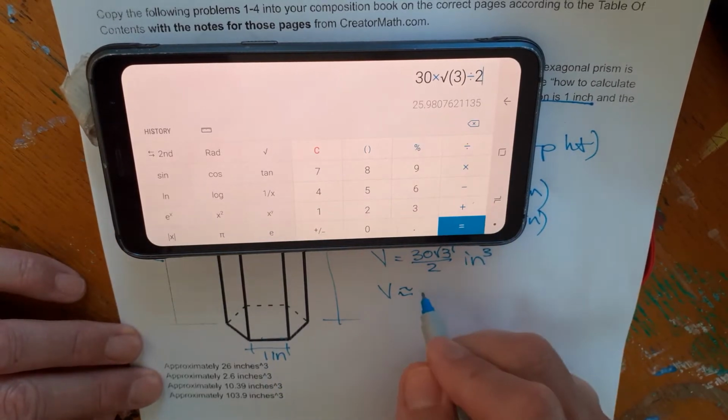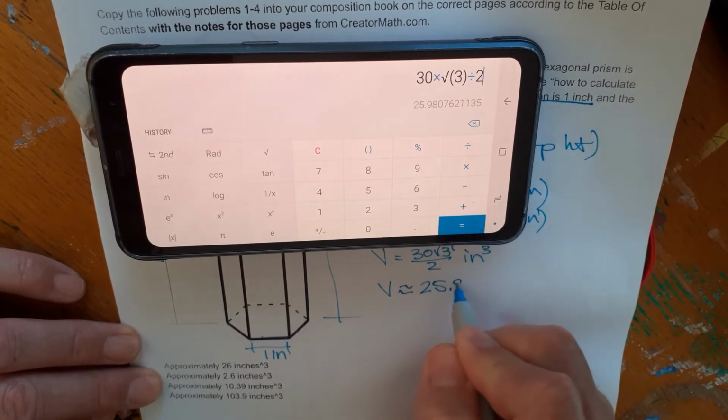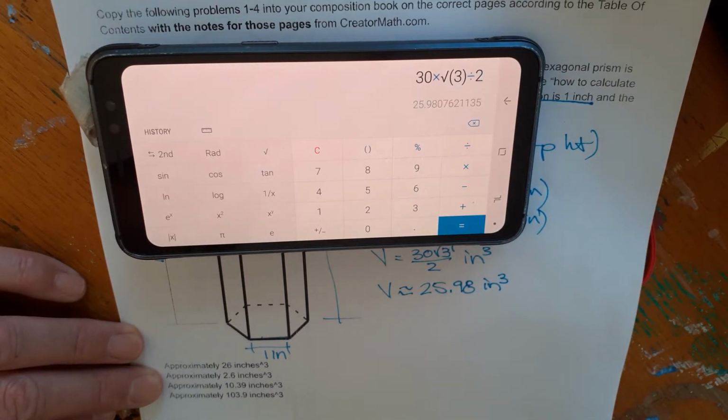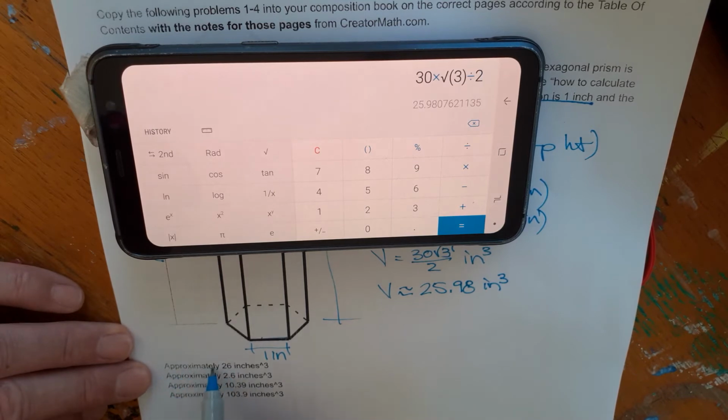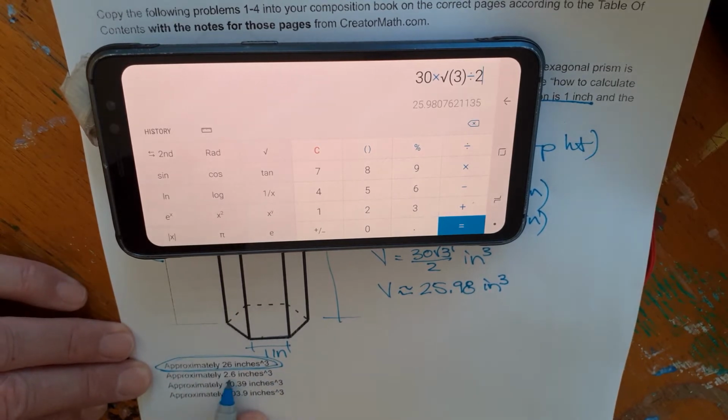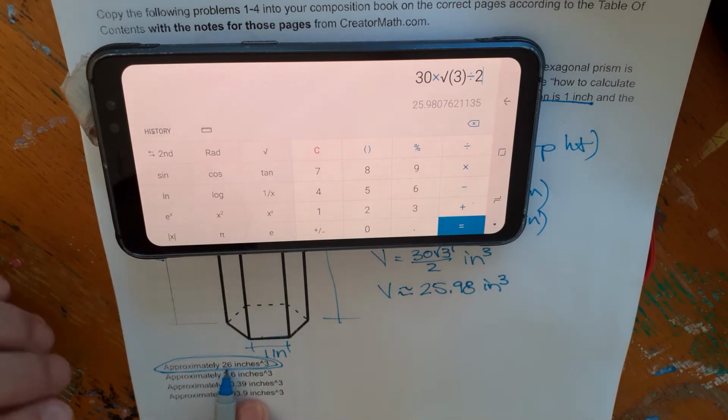So I get 25.98 inches cubed. All right? And here it is, 26. So approximately 26 inches cubed. And look at the other answer choices. They're way off. So as long as I'm getting close to this, I've got the right answer.